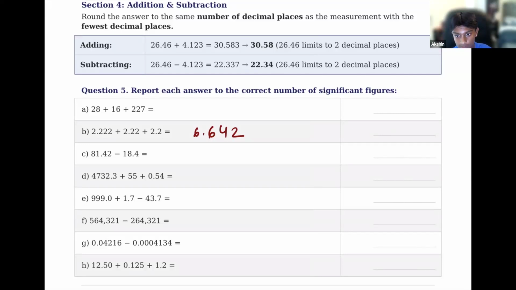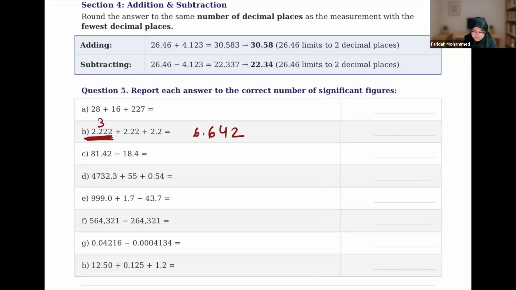I rounded off to the fewest number of places. Which is? What is the fewest number of places? This one has how many decimal places? 3 decimal places. The first one has 3, right? Because this is 3.